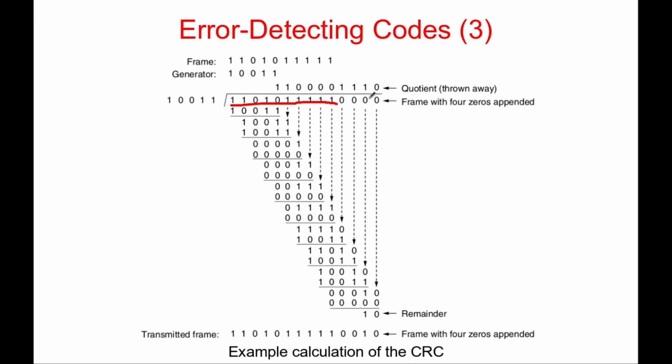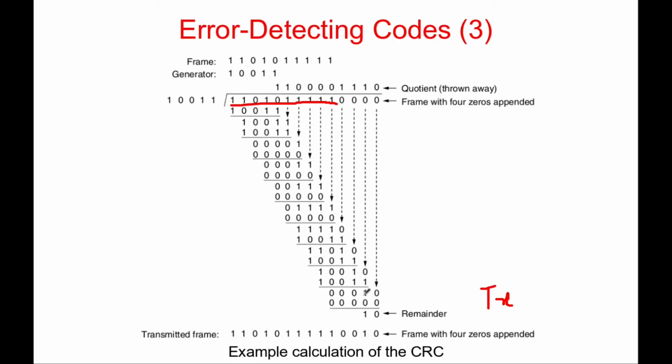And when this subtraction is also done modulo 2, if you consider this term and 10, there are two zeros here, so 0 minus 0 will be 0, I mean 0 XOR 0 will be 0, and 0 XOR 1 will be 1. The rest of the things will be same as there, and that's how we get the Tx here, which is to be transmitted, and this is what is transmitted at the receiver.